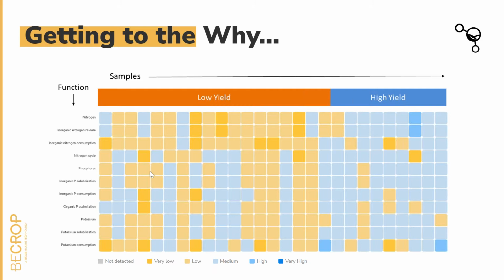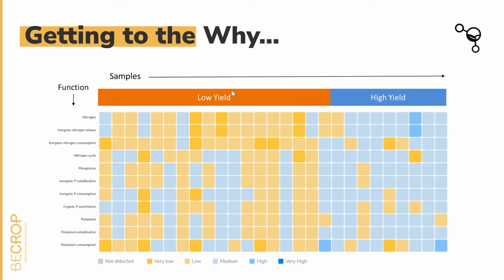Or we know that we applied plenty of nitrogen, potassium, or phosphorus early on in the season, so we know that it should be there, yet we're still having low yields and not seeing it in our tissue analysis, for example, and now we can start to understand why that's happening.